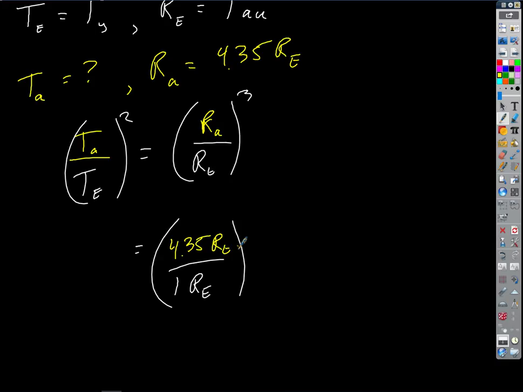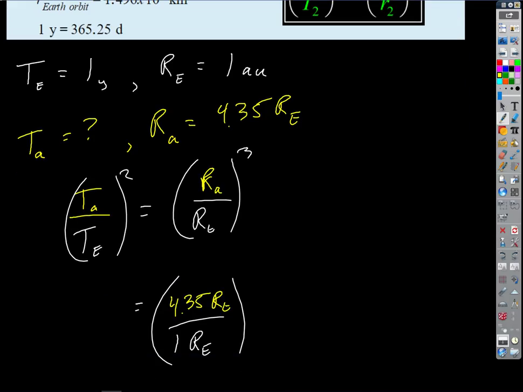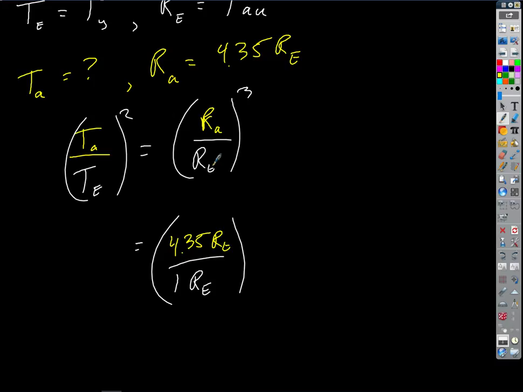By knowing that the asteroid is 4.35 times as far from the sun as the Earth, we know that the ratio of R sub A over R sub E is just 4.35. We don't even need units. We're just comparing relative distances anyway.